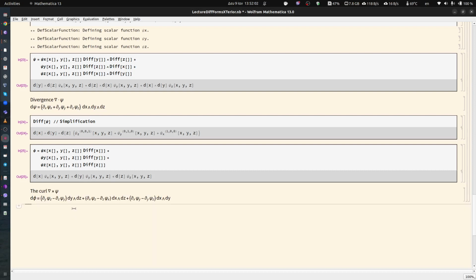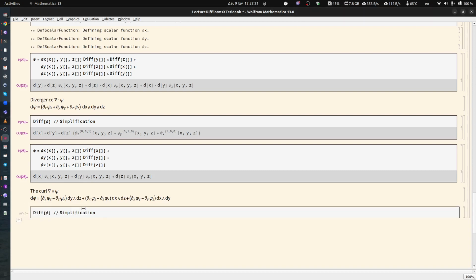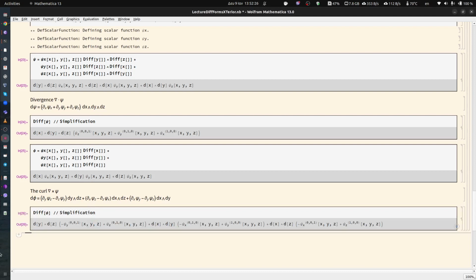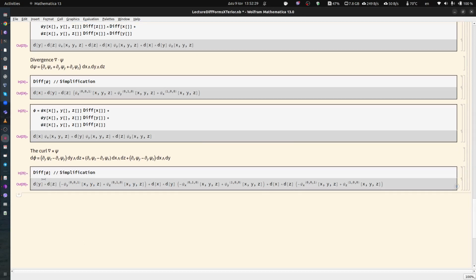And we have already shown in previous videos that the derivative of this 1-form is related to the curl of the vector with components psi x, psi y, and psi z. So let's verify this. That is the derivative of phi, simplifying, and you can check that the components of this 2-form are the components of the curl of psi.